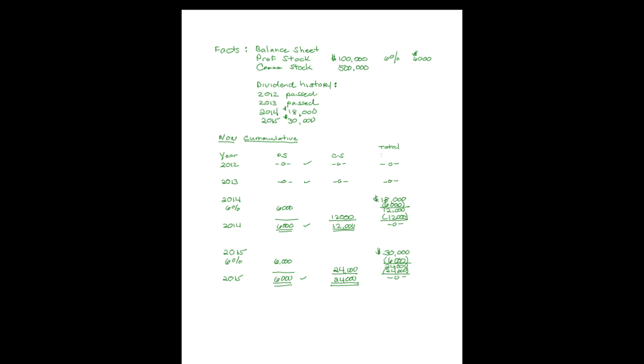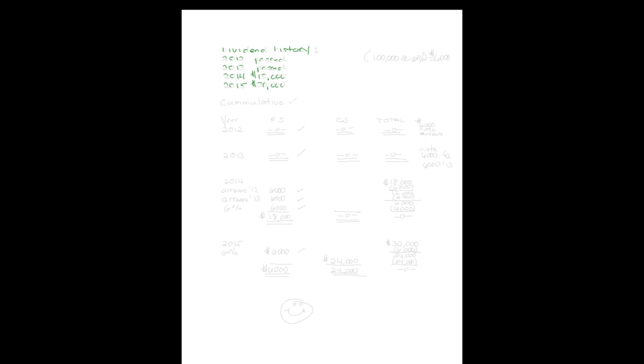How about we do this again, but do it with cumulative stock? Let me put you on hold and bring forward the dividend history. So here's our dividend history. 2012 is passed, 2013 is passed, 2014 is 18,000, 2015 is 30,000, and this time we're going to do our example again, but with a cumulative feature.